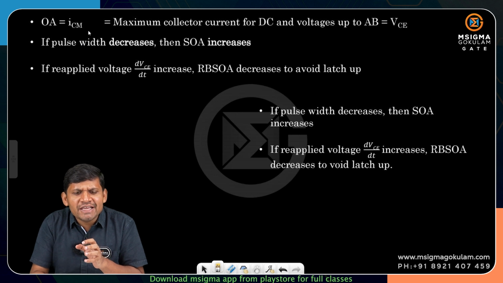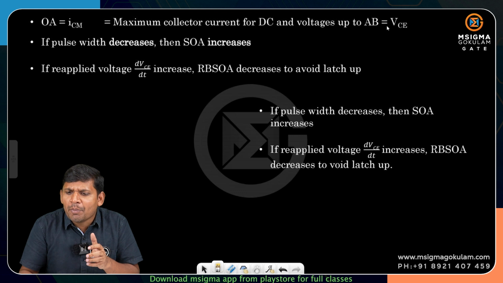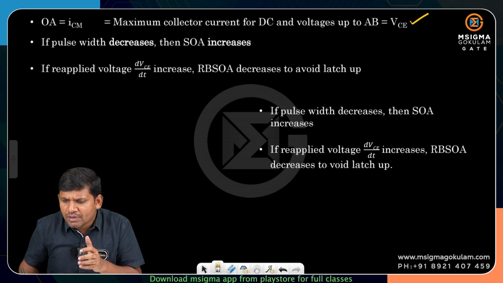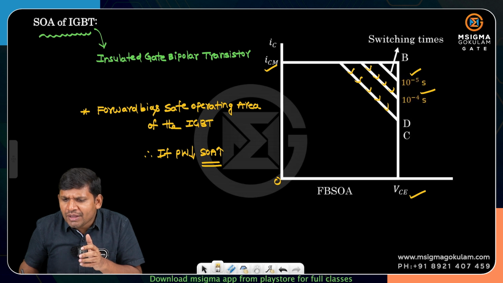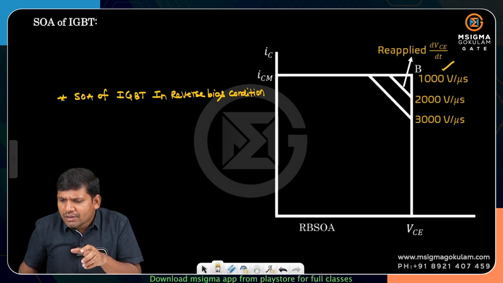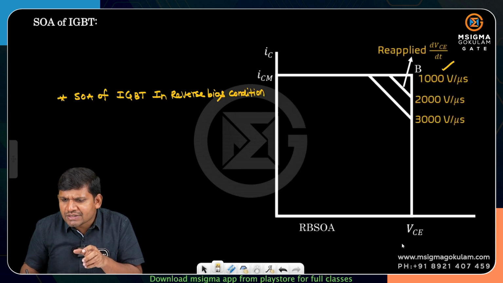OA equals ICM, that is the maximum collector current for DC, and voltages up to AB equal to VCE. This is the maximum collector limit. Here I have given AB equal to VCE. You take this point as A, with AB equal to VCE.